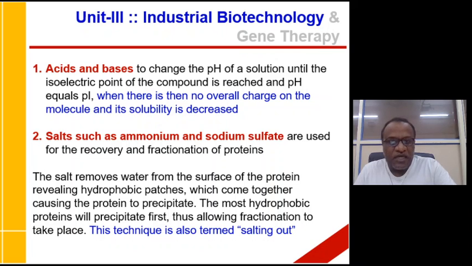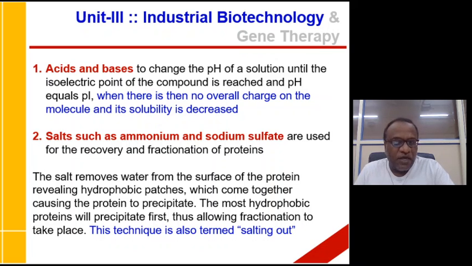Then they come together causing the protein to precipitate out of the solution. So the more hydrophobic the protein, the sooner that protein precipitates. This technique is called salting out of proteins by using ammonium and sodium salts.